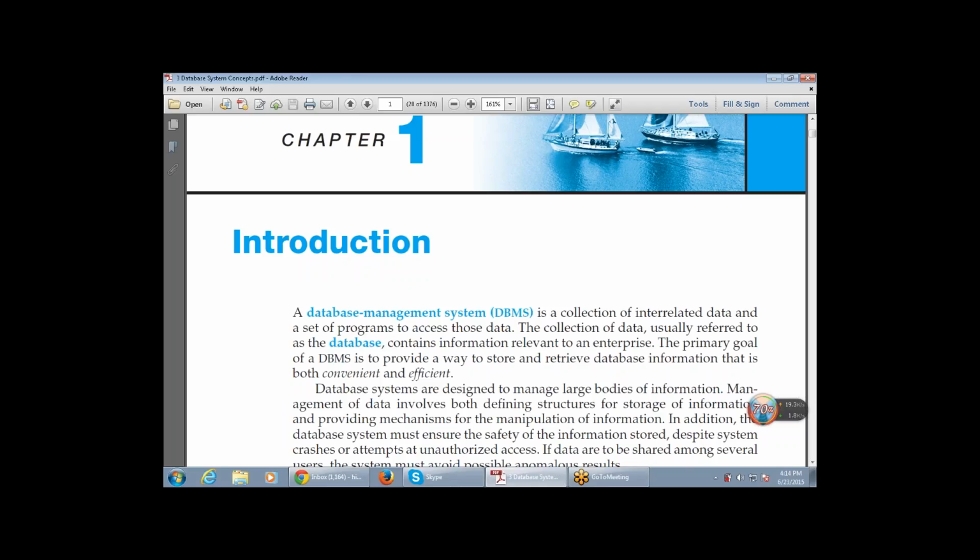When the data is interrelated with each other and there are various programs to access and deal with those data, that is known as the DBMS.